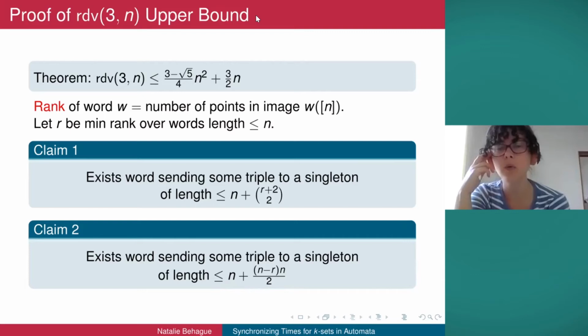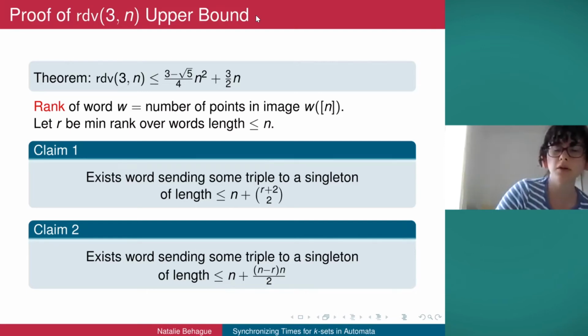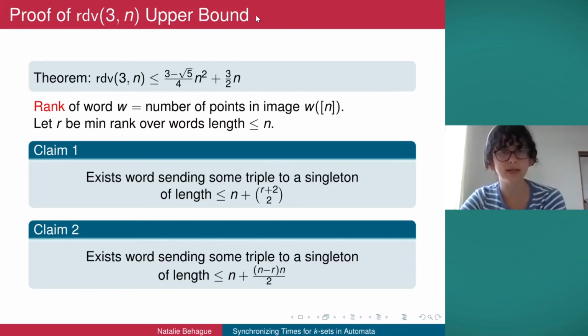So if I think about all the pairs that can be reached from a triple in at most n steps, there are actually quite a lot of those, basically because all my words of length at most n have quite a lot of points in their image.